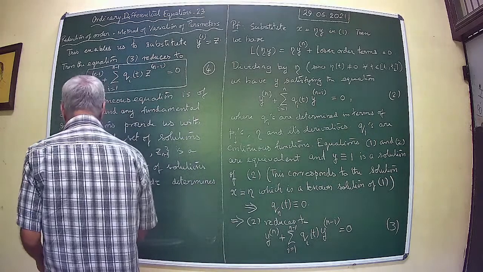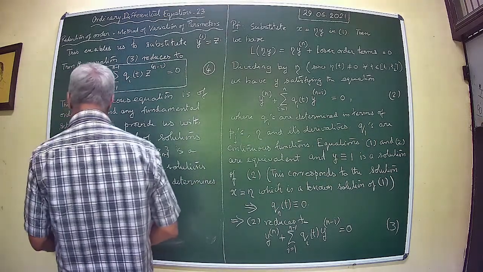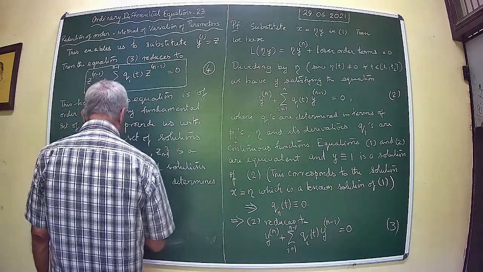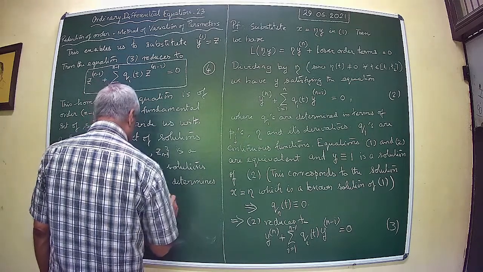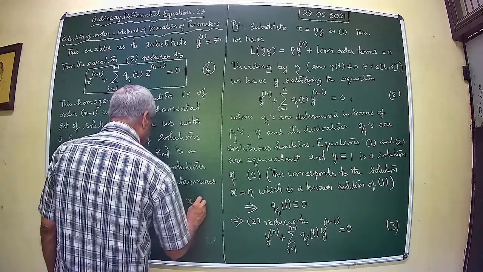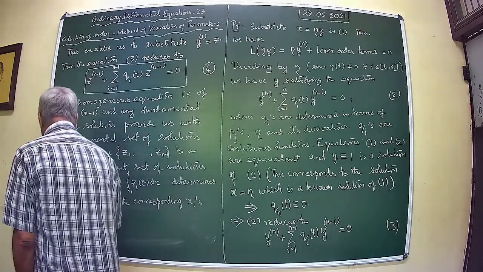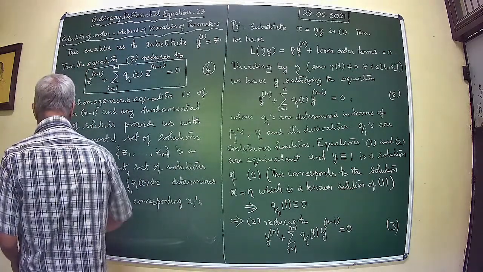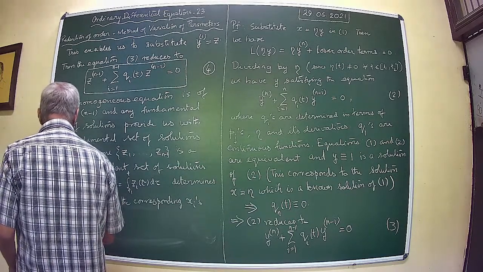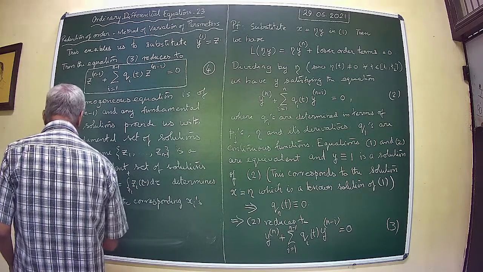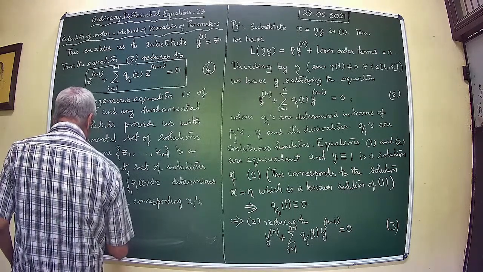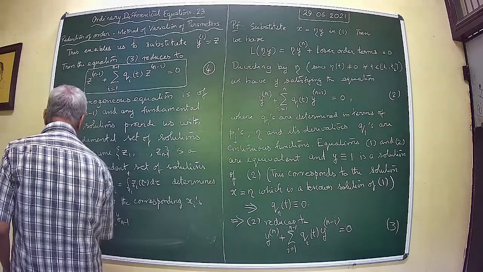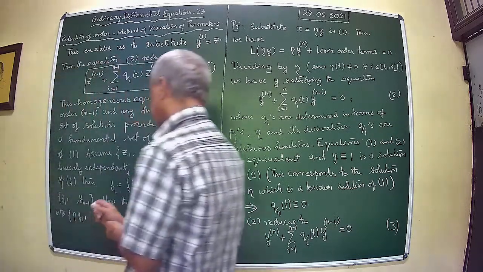Now, the corresponding xi's are x1 equal to eta y1, x2 equal to eta y2, etc., up to eta yn minus 1.